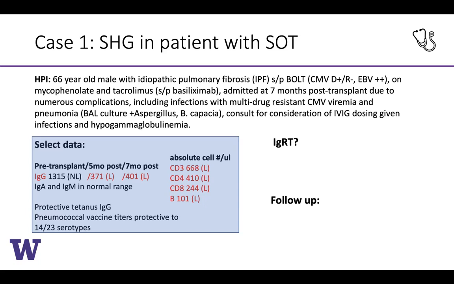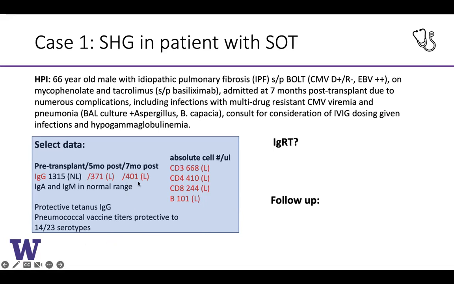And so we were consulted for consideration of IVIG in this patient. Looking at his workup, this was a patient who had no hypogammaglobulinemia before transplant. He developed it within the first year, and it was around 370 to 400.